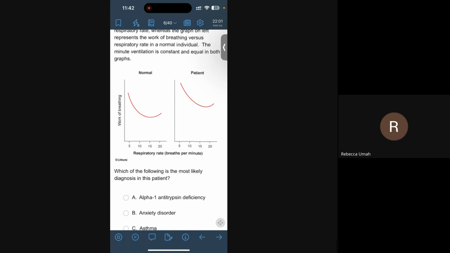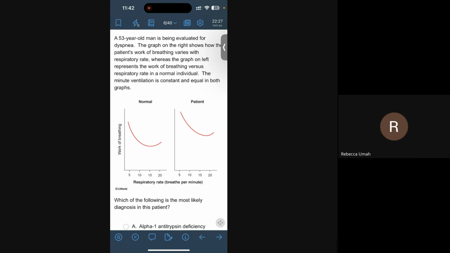Which of the following is the most likely diagnosis? The work of breathing and the respiratory rate are increased.